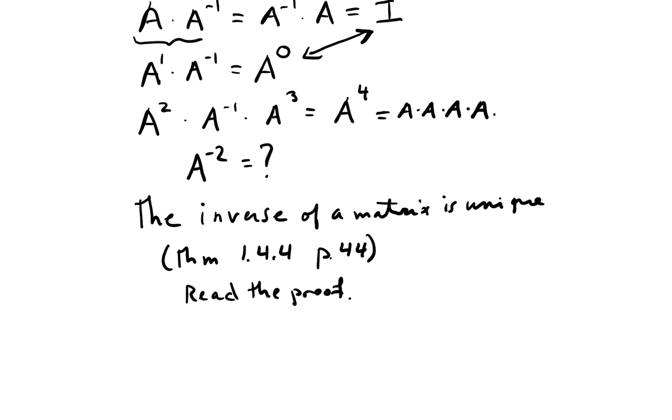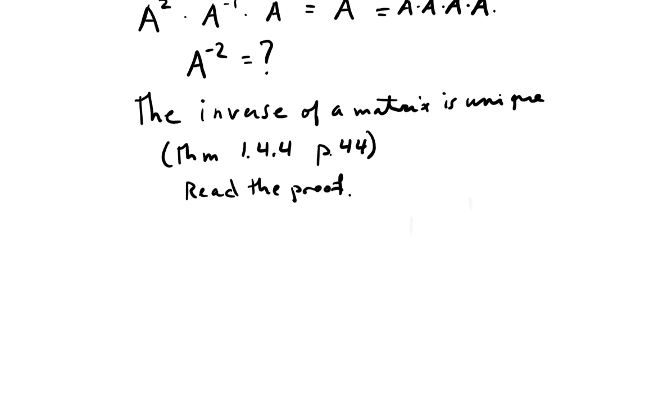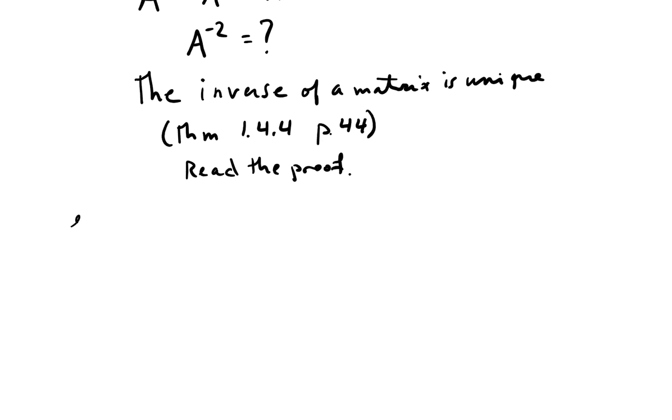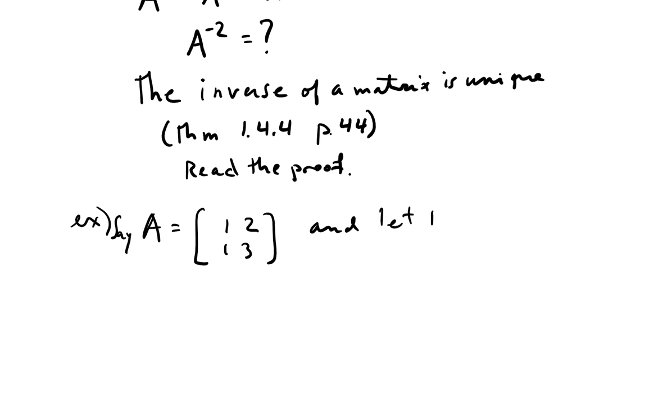And maybe just to finish, I'll show you an example of a matrix that is invertible. So let's say A is [1, 2; 1, 3], and let B be the matrix [3, -2; -1, 1].